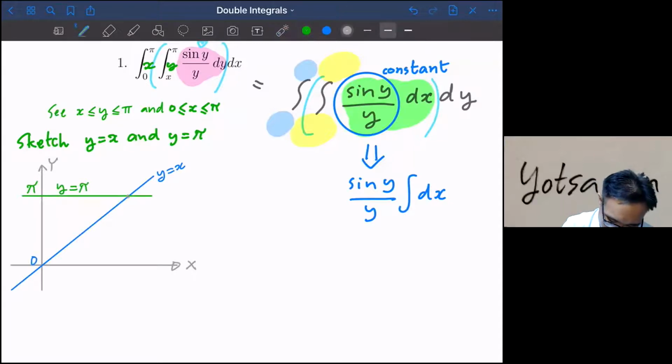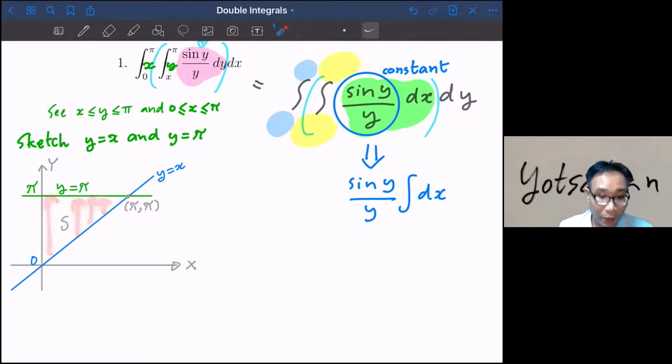The intersection turns out to be (pi, pi) because this intersection point is on the line y equals x. This will be region S, and this triangle gives you everything you're looking for. You can project x equals pi down here on the x-axis, and this turns out to be nice. It's just this integral, and we'll just have the yellow one.